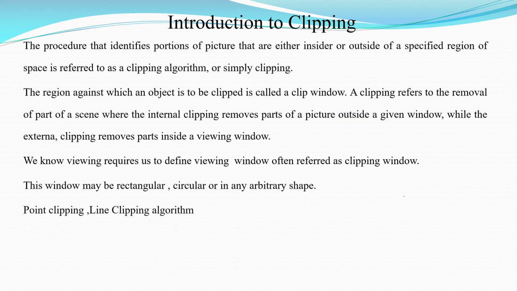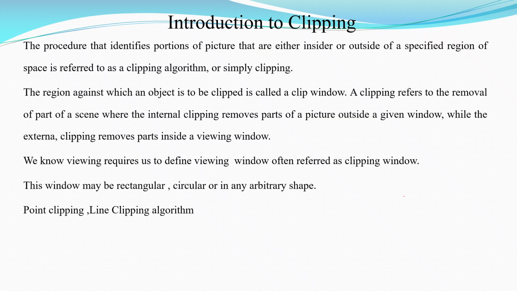The clipping window may be rectangular, circular, or any arbitrary shape. Point clipping is there, and line clipping is also there. We focus on line clipping. Point clipping means your pixels are checked against the window, and the algorithm finds all the points that are interior to the clipping window.